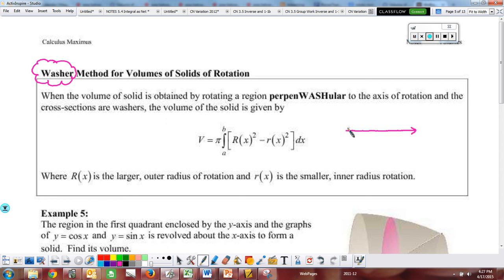Usually what happens here, you're going to have two functions. You're going to have a function f, and you're going to have a function g. And when you go to rotate the region, you'll see that the region doesn't actually touch its axis of rotation, there's kind of a gap right here.